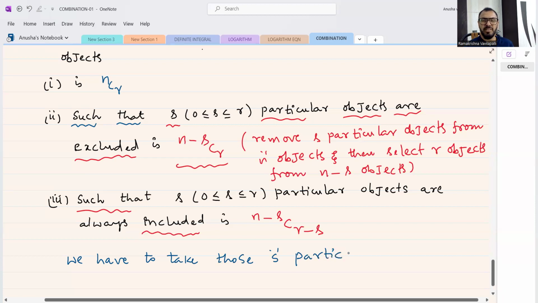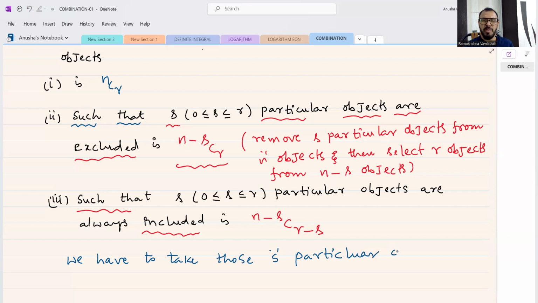In this, there is no selection for those s particular objects.